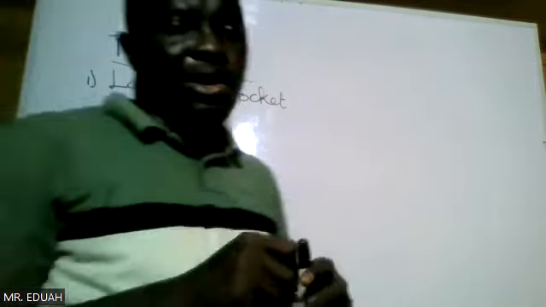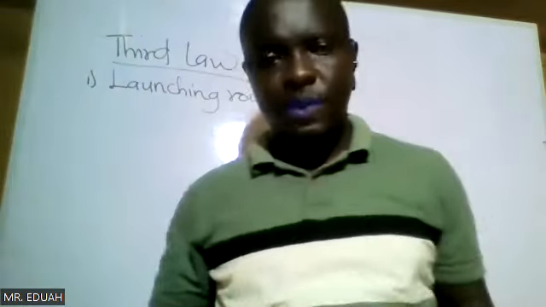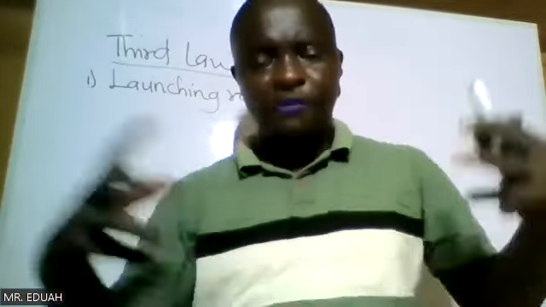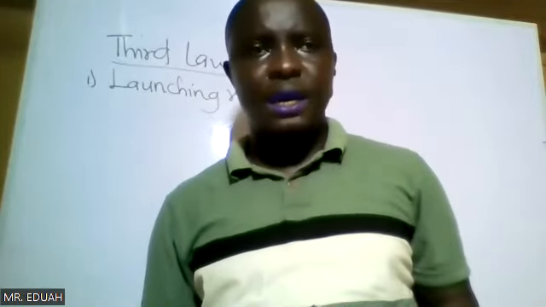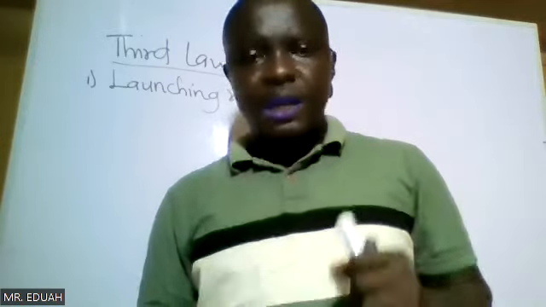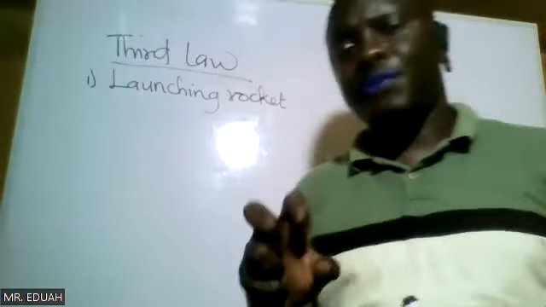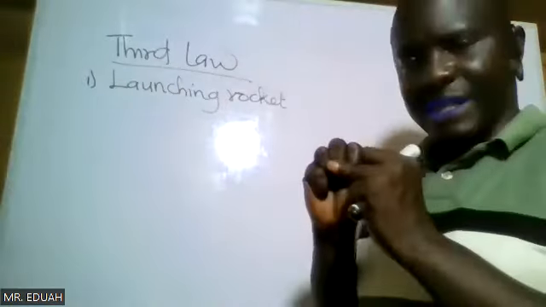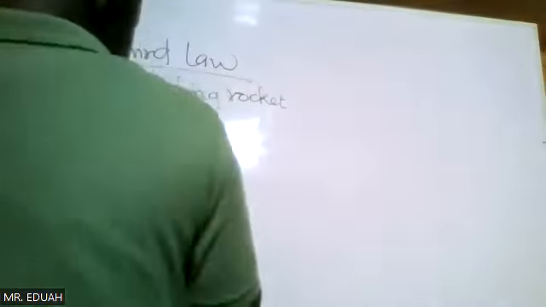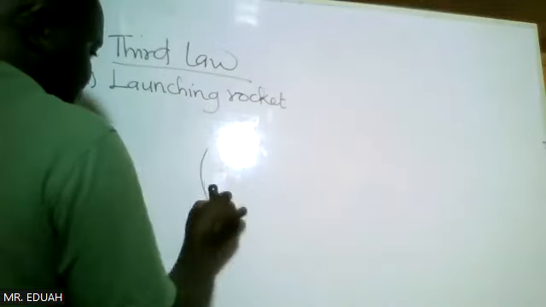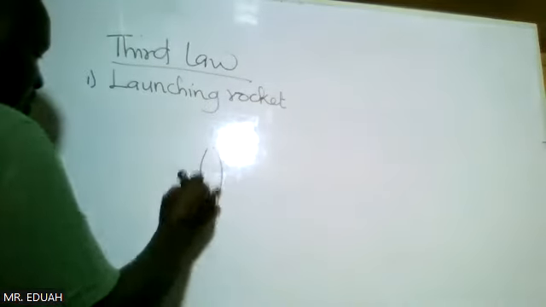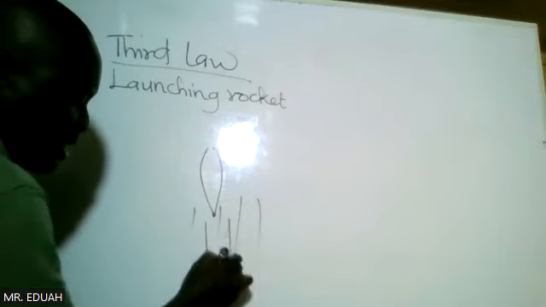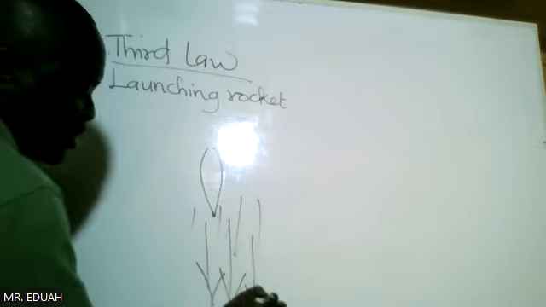Rockets are launched as a result of a tremendous burning of fuel within the tank. When the exhaust of the burning fuel is made to escape, the escaping gas at the nozzle exerts a force.